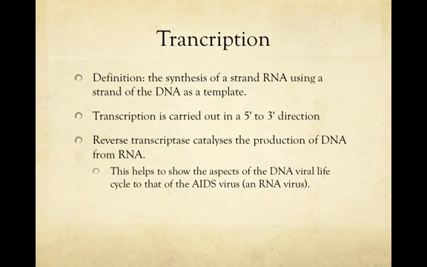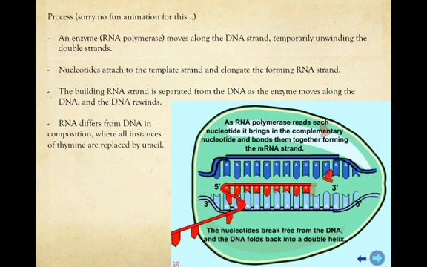So transcription is the synthesis of a strand of RNA using a strand of DNA as a template, and transcription is also carried out in a 5' to 3' direction. Reverse transcriptase catalyzes the production of DNA from RNA. And so in the process, the enzyme RNA polymerase moves along the DNA strand, temporarily unwinding the double strands.